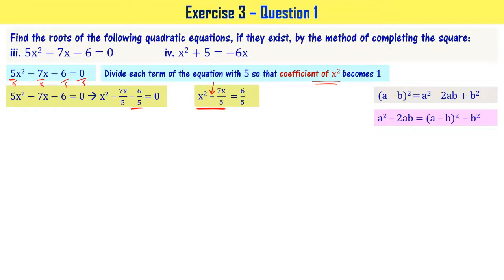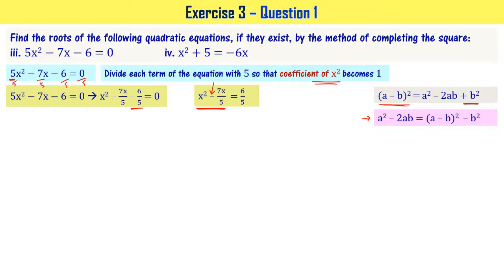In the earlier cases, we had a positive symbol, that's why we used the a plus b whole square formula. Here, since it is a negative sign, we are going to use the a minus b whole square formula. That is written as a square minus 2ab plus b square, right? If you transpose this plus b square, the equation can be now written as a square minus 2ab equal to a minus b whole square minus b square, right?